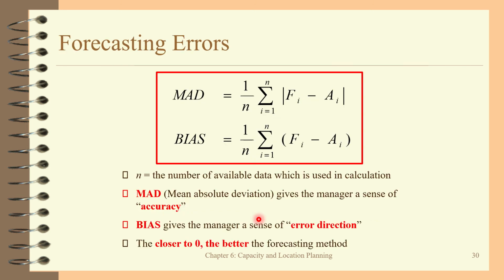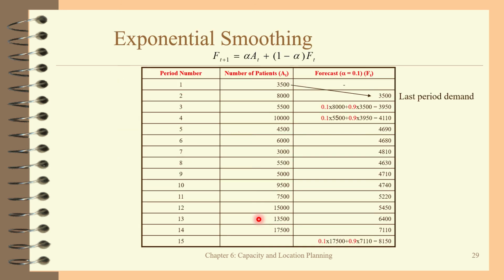Even though you got 15 periods here, you just use the periods that have both actual and forecast values. Period number 1, you have just actual, you don't use it. Period number 15, you have just the forecast, you don't have to use it.